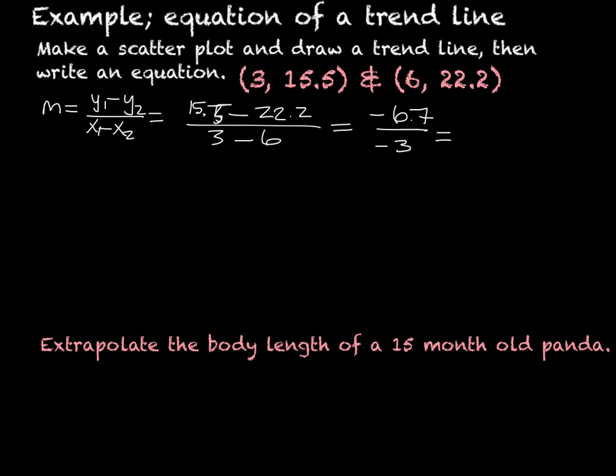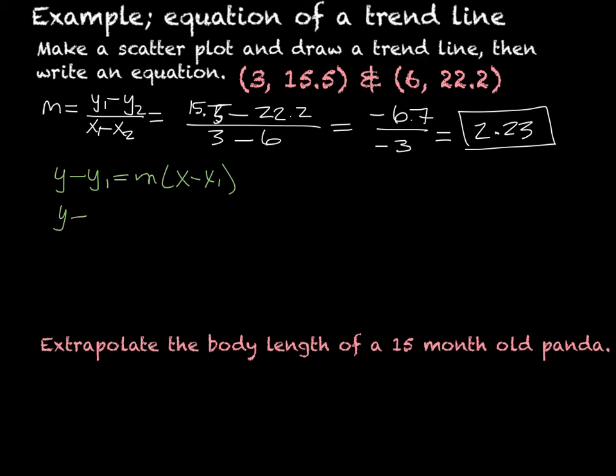So my m is going to be about a positive 2.23 repeating. So I'm just going to go with 2.23, and then I put it into y minus y1 equals m x minus x1.